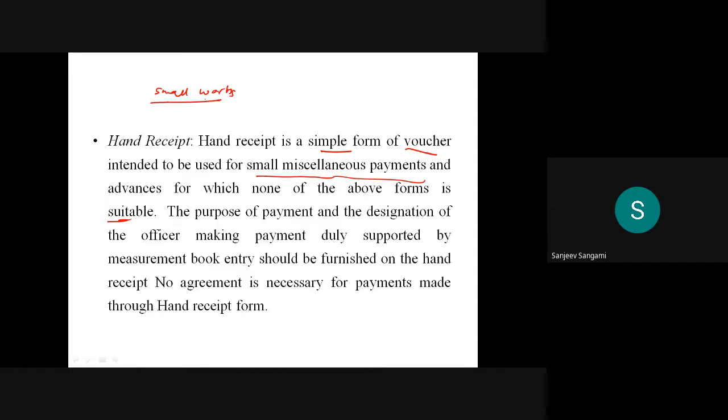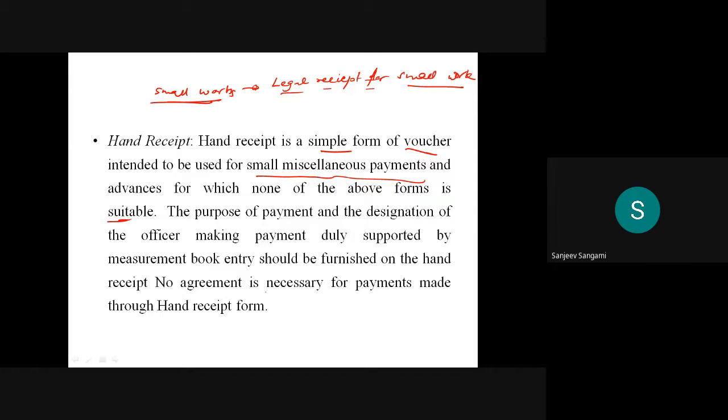It is an indication, or a support, of whether you have given and whether the person has received or not, to make it legal for the small work. Legal receipt for the small work.